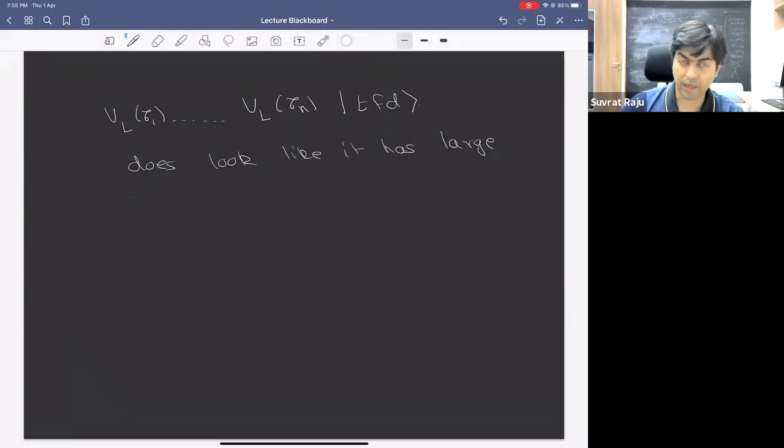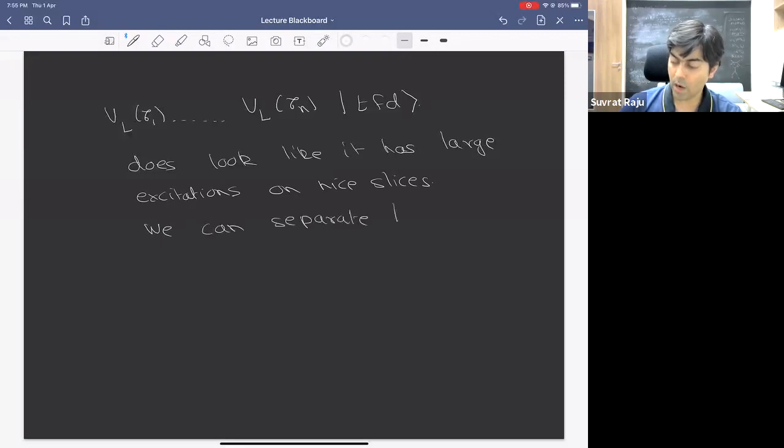And the fact that you have this dilute gas limit is the fact that you can separate these unitaries by large times. Okay? So we can separate tau i minus tau j.